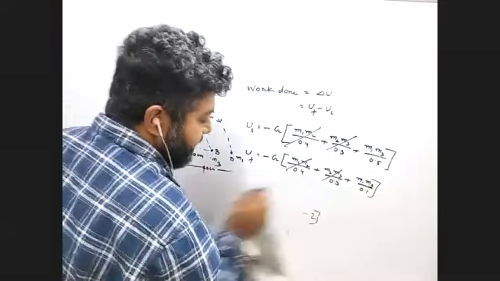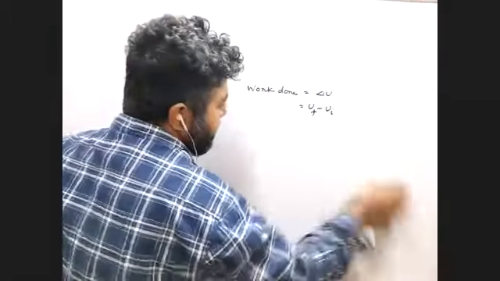Okay. After that, one more very, very important thing. Now I can show you the basic difference between work done by gravity in the chapter work power energy and work done by gravity in gravitation.